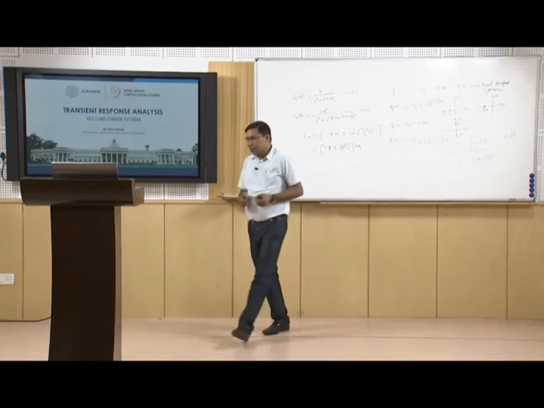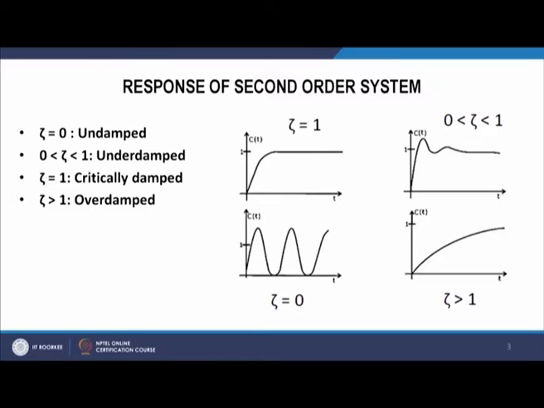And we can see here the response of these systems. So here is zeta equal to 1, we can see the critically damped system. So zeta equal to 1, the first one, we have equal and real roots. So here is the response of the system, this is for the critically damped system.